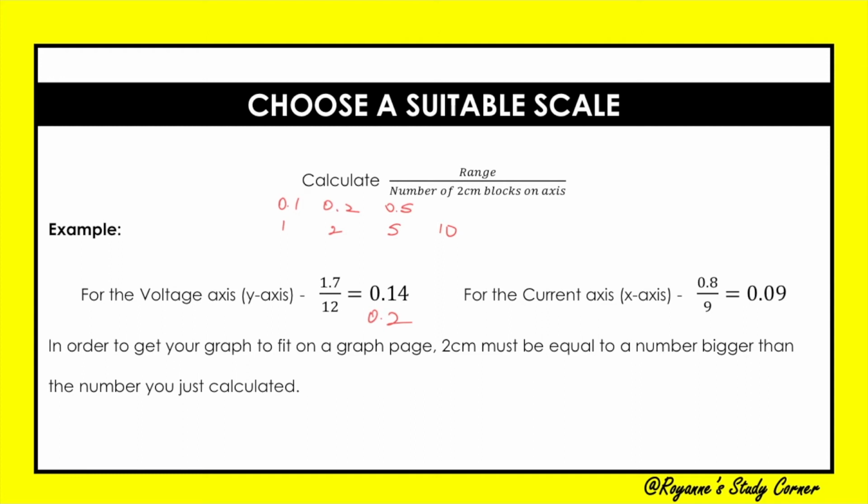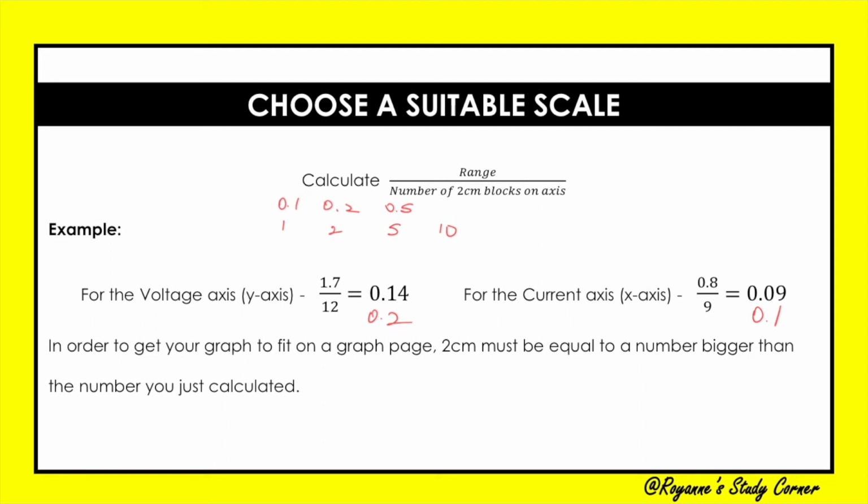Now we know again this is a weird number to use to find a scale, so we're not going to use this. But what we can do with this is think, okay, what number is easy to work with that is larger than this that I can choose? And if we look at our numbers here, we'll see, okay, 0.1, which means on this axis I could use a scale of 0.1, and we have our scale there.